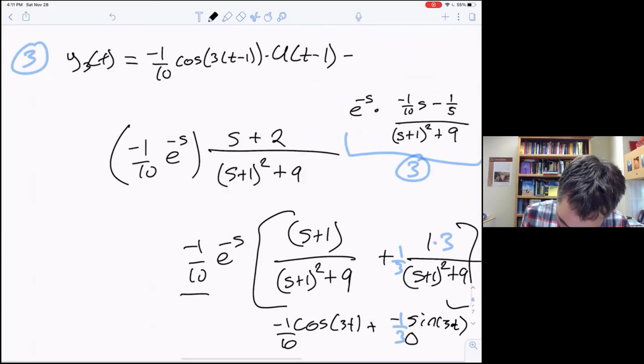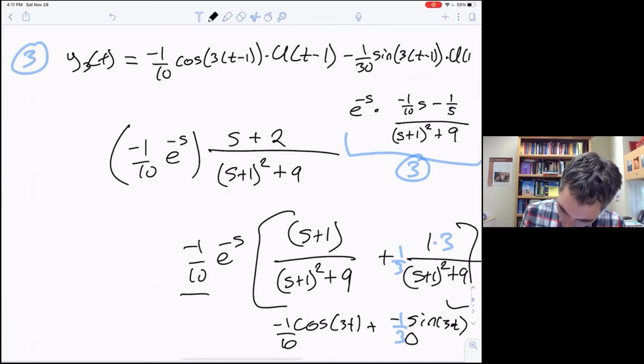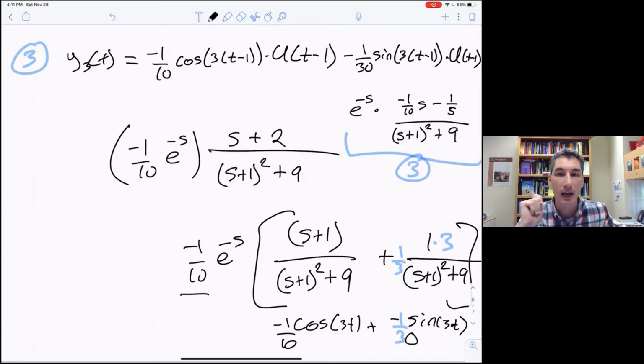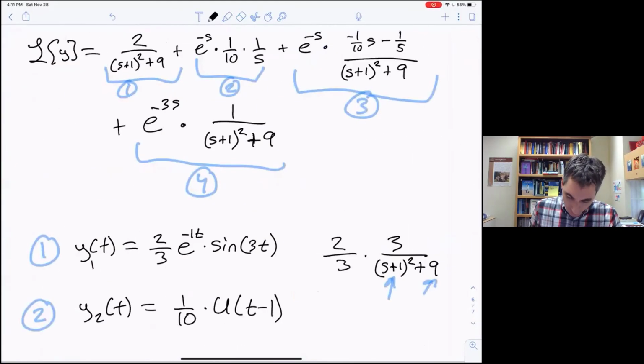And then we'll have minus 1 over 30 sine 3 shifted by 1 and turned on at t equals 1. So that is a challenging one to handle right there, but you got to do it step by step, thinking through what's the basic shape and then where are the shifts happening and that kind of thing. All right. And then we've got number 4.